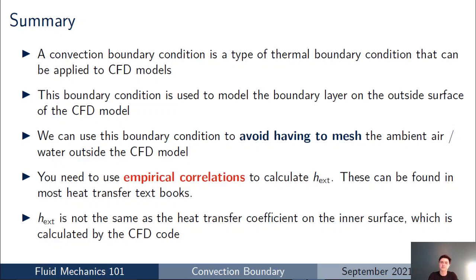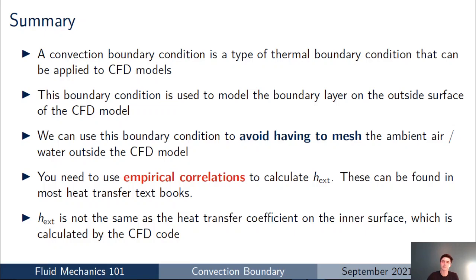By applying this boundary condition, we don't have to mesh the outside of our domain, so we save a lot of cells, and so our computational time is going to be a lot quicker. It's going to be a quicker simulation, and it's also likely to be more stable converging, because we don't have to do a natural convection calculation, which can be difficult to converge for some CFD solvers.